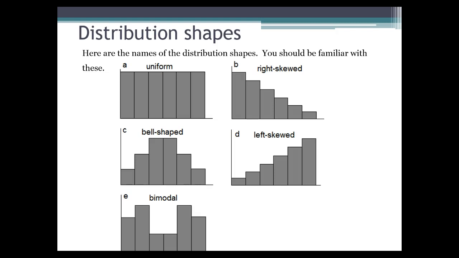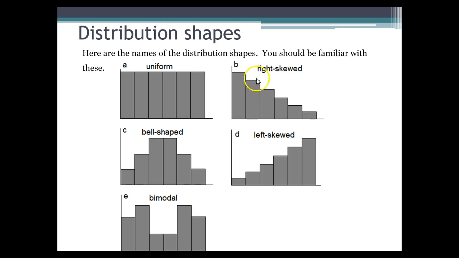You could have something that has more than two humps, and they would call that multimodal. So if you've got something that's got 3 or 4 bumps in it, for lack of a better word, they would just call that multimodal. These other ones are unimodal, one mode.